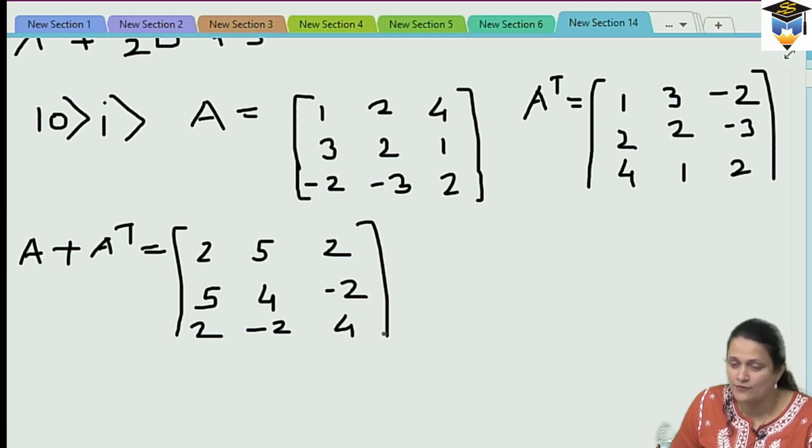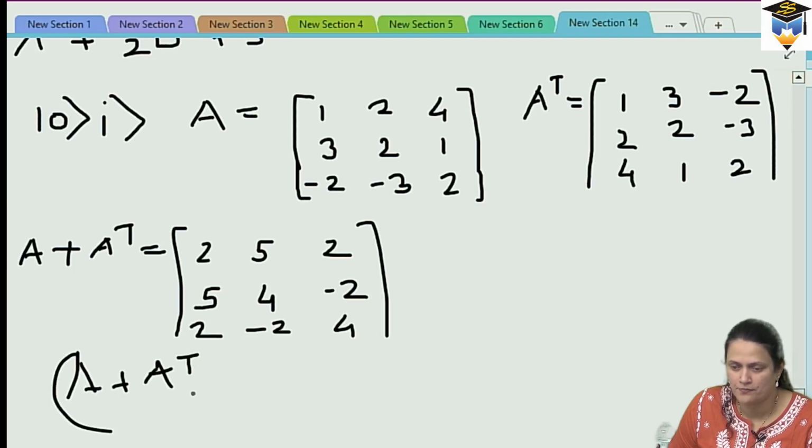So now let us find out transpose of this particular matrix. See, when do we say that A plus A transpose is a symmetric matrix? We say it when A plus A transpose of transpose is equal to A plus A transpose.